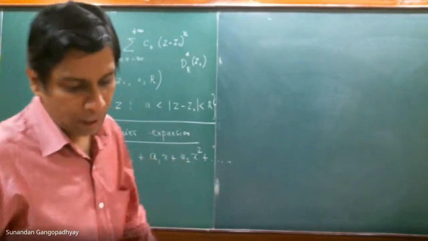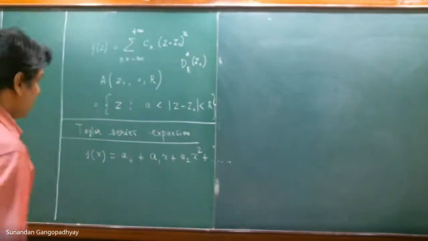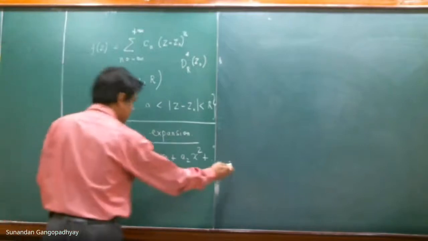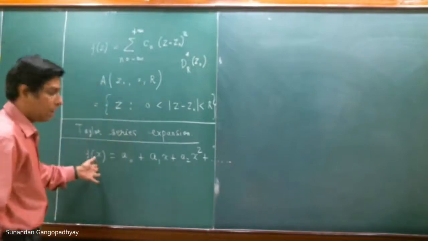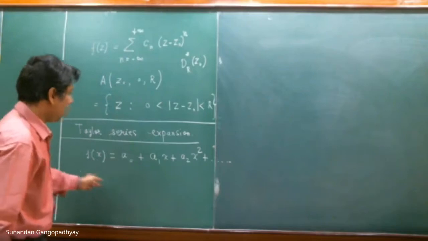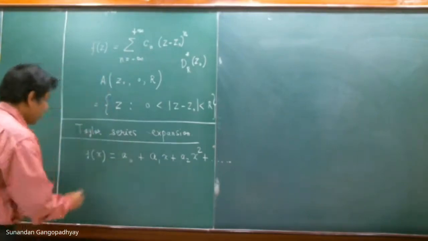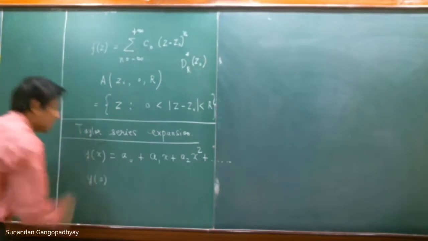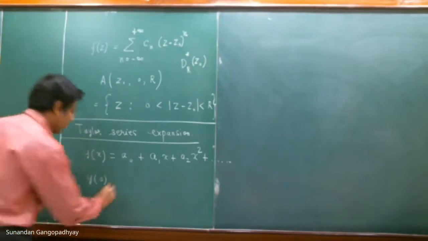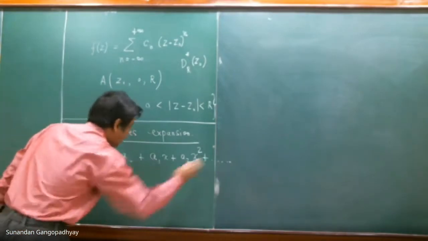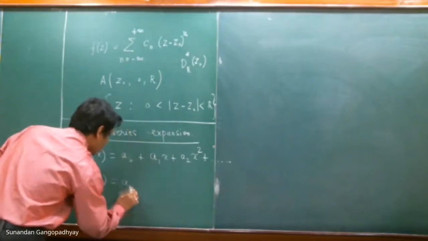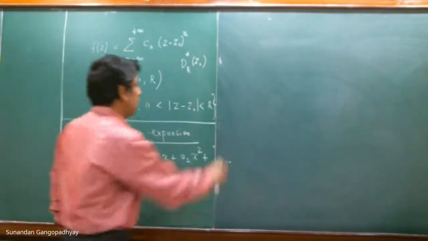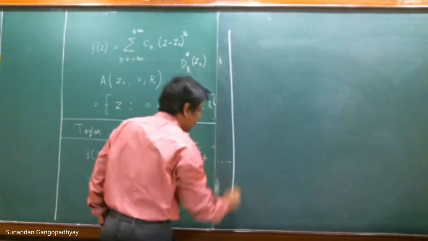So, if this power series is valid for this function of a real variable, then from this expansion, you can immediately see that for y at 0, you just set x equal to 0 here, then all these terms will fall off and you will get y at 0 is a0. And we keep on doing this.